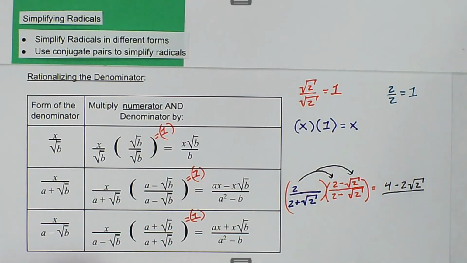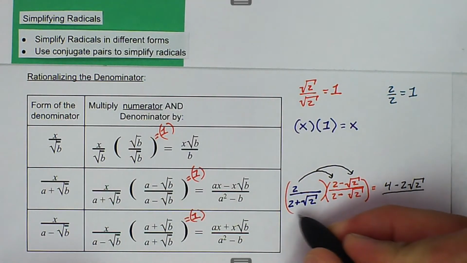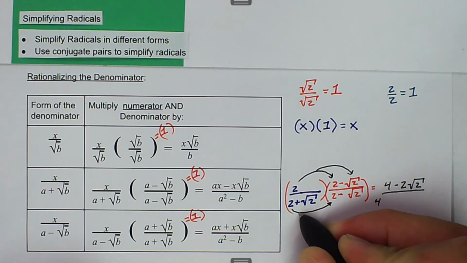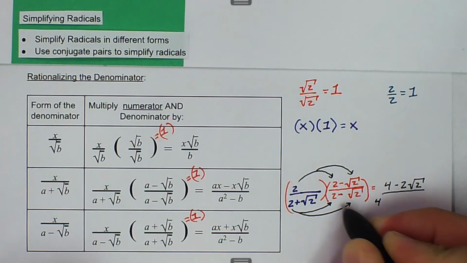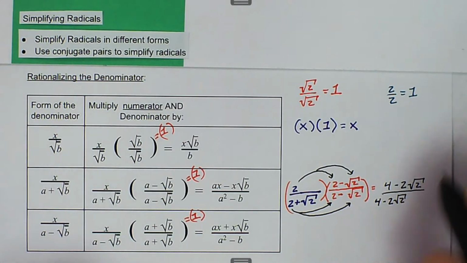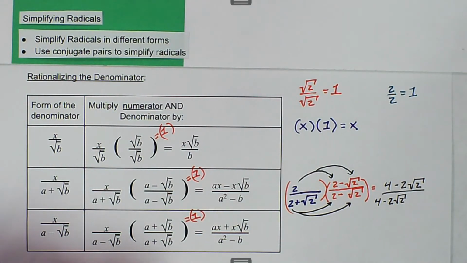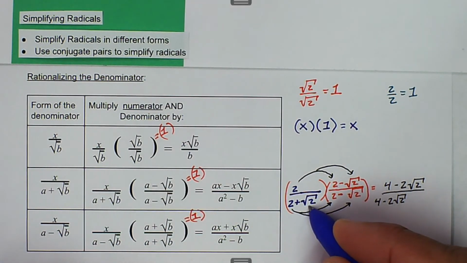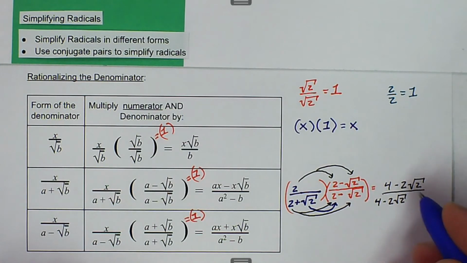Now for the denominator, we have to distribute each one. So 2 times 2 is 4. And 2 times negative square root of 2 is negative 2 square root 2. Then we have the positive square root of 2 times 2.